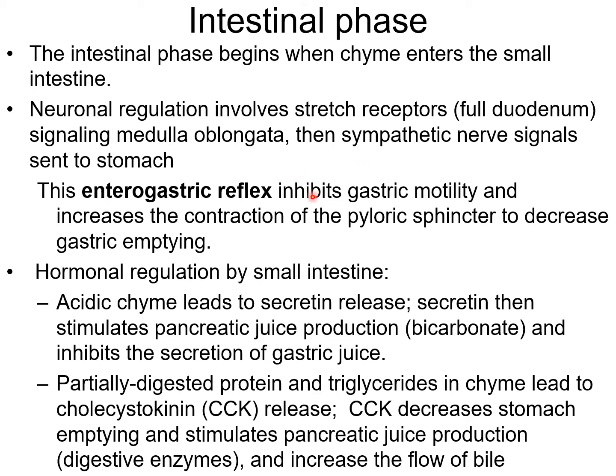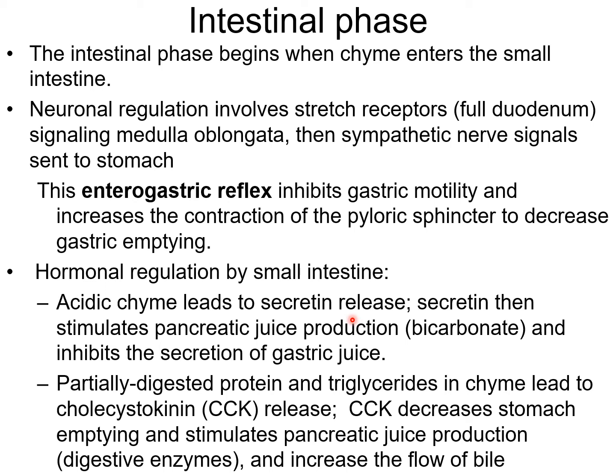A very similar kind of reaction is when hormones are used by the small intestine. So in addition to stretch receptors, the duodenum also has chemoreceptors. Too low a pH will lead to the release of the hormone secretin.